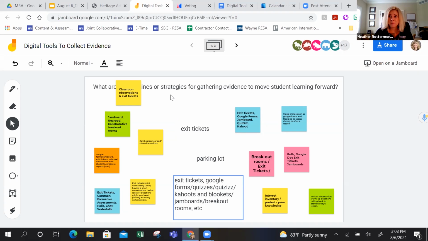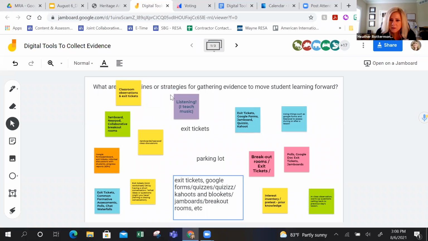It's one of those things that we really don't take into consideration when we're thinking about gathering evidence, but we really should be doing it more often through intentionally designed classroom observations. When I talk about classroom observations, I mean the teacher observing students engaged in a task or engaged in a discussion or something like that, not necessarily an administrator walking into a classroom.